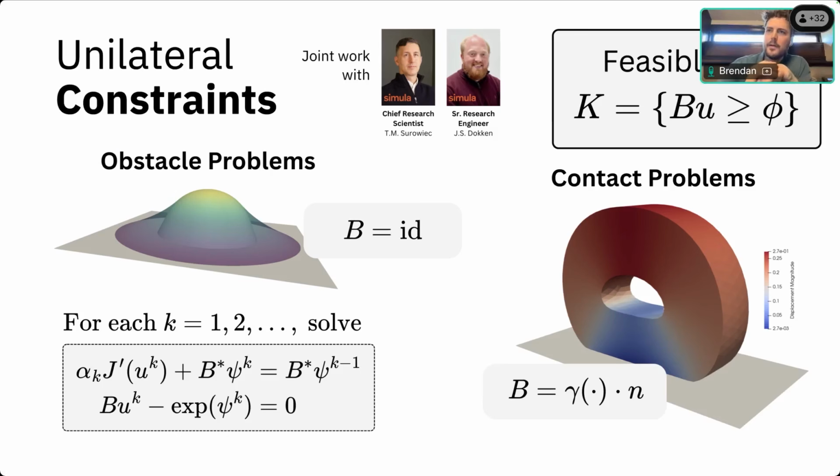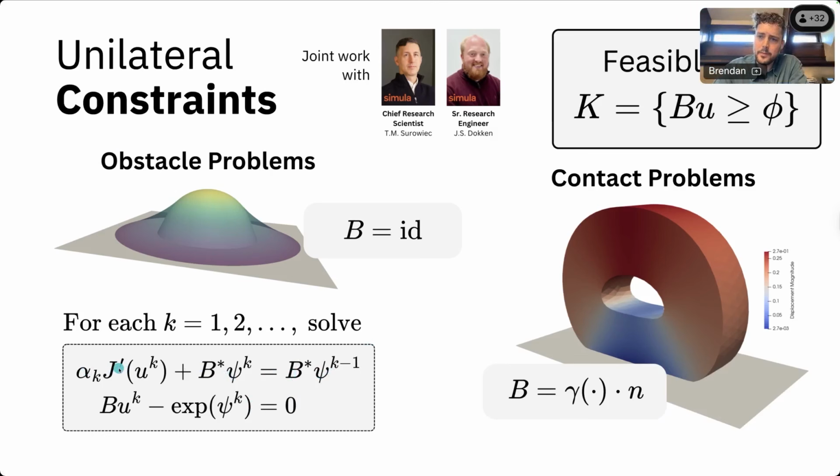Michael, a great question. You don't want to look at the residual of the latent variable. You actually want to look at a derived quantity in terms of the latent variable.